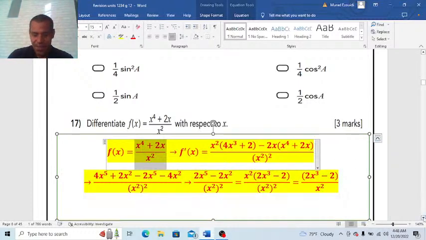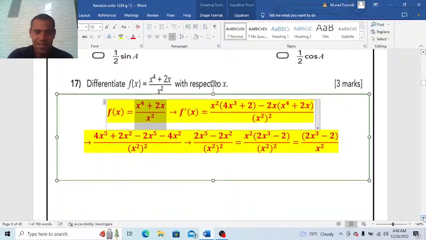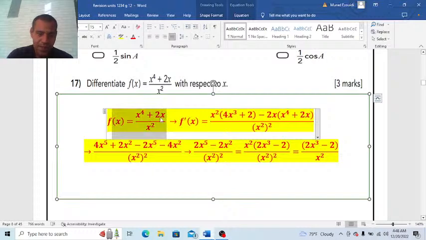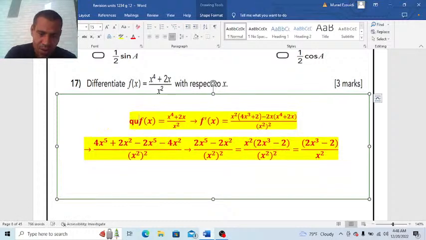So this is the question. I can add something for you, learners. I will let you remember that if you want, the quotient rule.